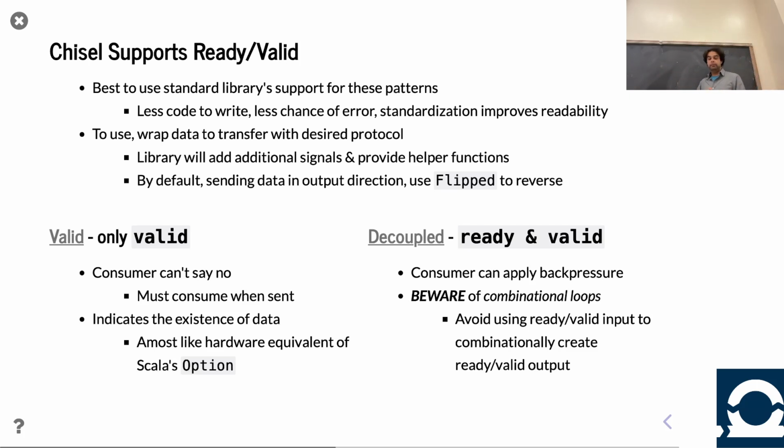Maybe you only want what's called Valid in Chisel, meaning you want to indicate whether or not there is valid data. That's the producer side. There's no ability to have backpressure from the consumer, so there's no ready signal. It's just valid. In other words, I can mark whether the output is good or not.